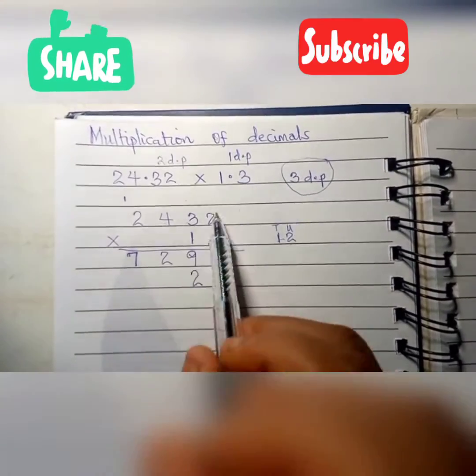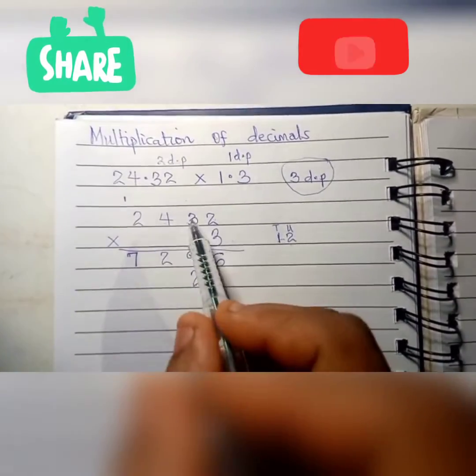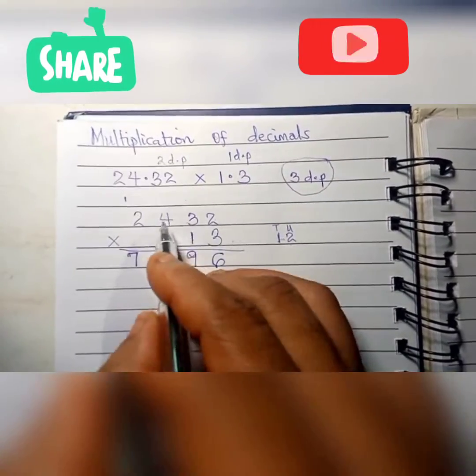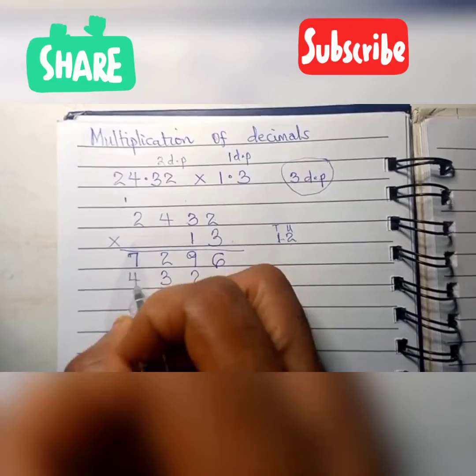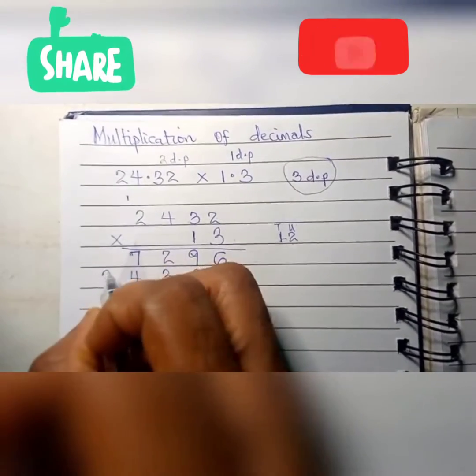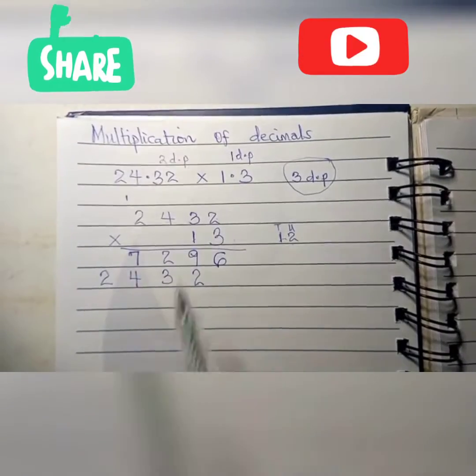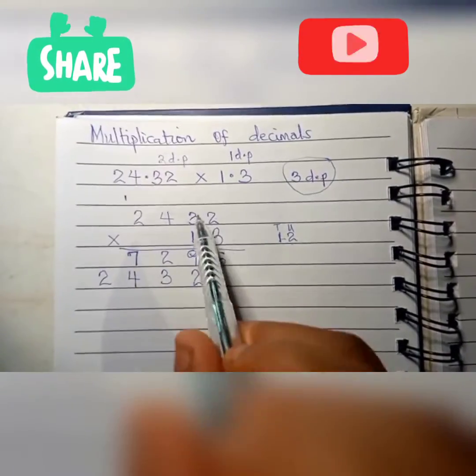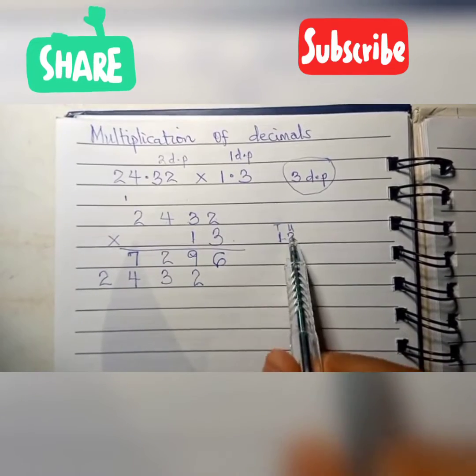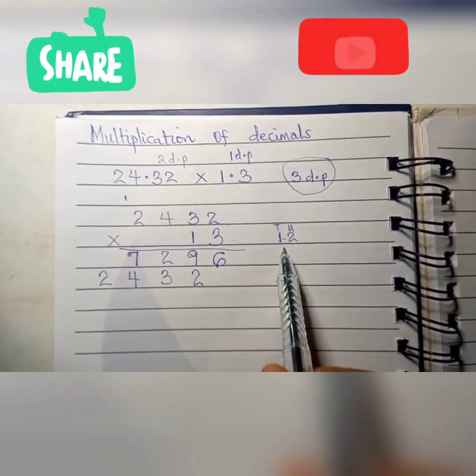So we've done 1 times 2, which is 2. 1 times 3 is 3, to be written underneath this figure. 1 times 4 is 4, to be written underneath this figure. And 1 times 2 is 2, to be written here. 3 times 2, 6. 3 times 3, 9. 3 times 4, 12. I wrote it out here so you won't get confused, so you can know which of the digits to write first.